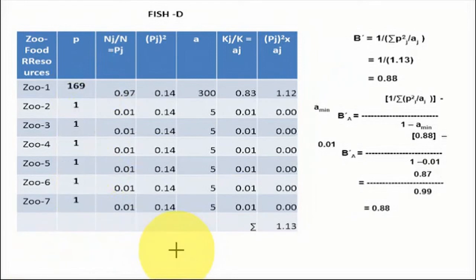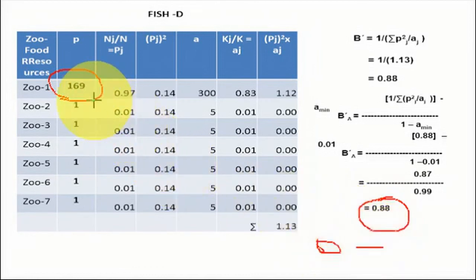That is one of the drawbacks of Hurlbert's diet breadth, that when the number of organisms is high in case of only one species and others are very low, it hardly shows the lower or smaller numbers nearing 0.